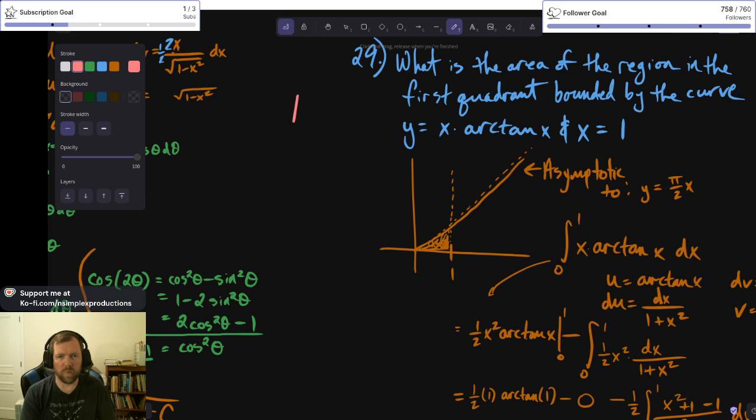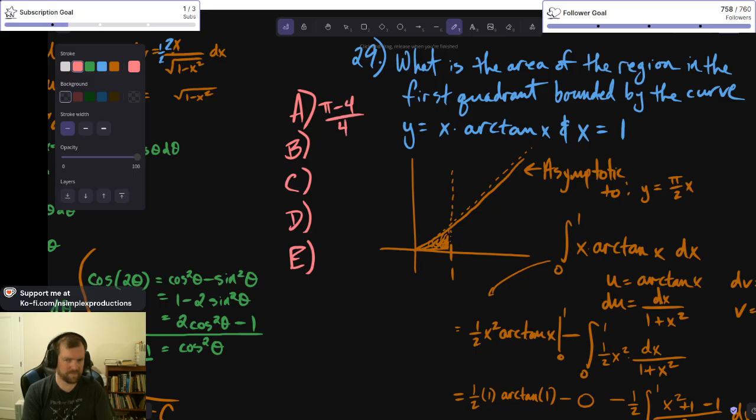They always give them weird formulations of the answer, which are correct, but they don't quite look like you expect them to look. Pi over 4 all over 4. Or pi minus 4 over 4. Pi minus 2 over 4. Pi over 4.